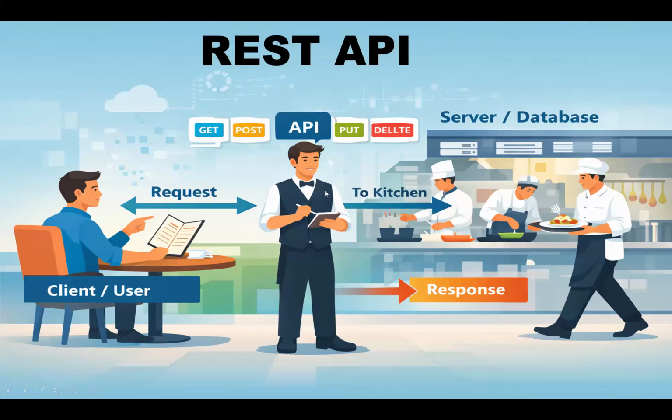Now, when we are talking about the REST API, as I told you, that REST API we can access from the web, from the mobile, from any device as well.